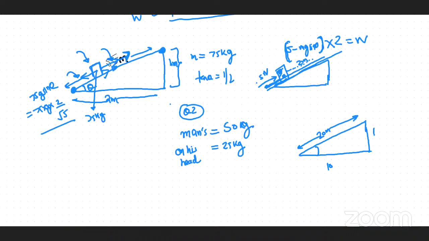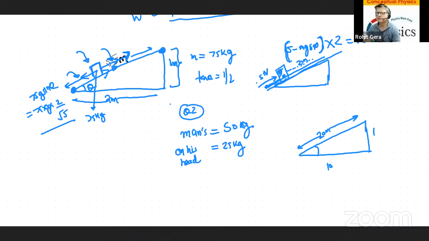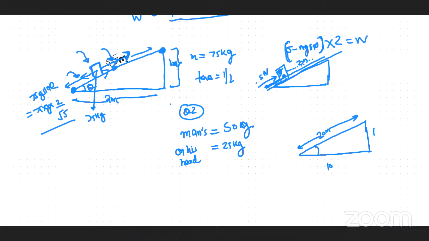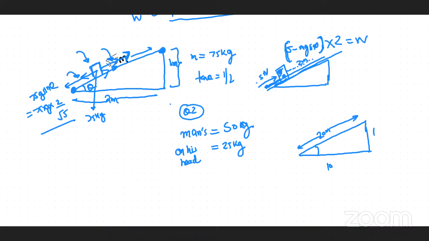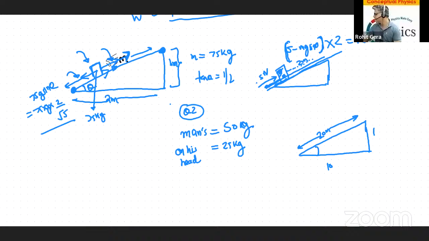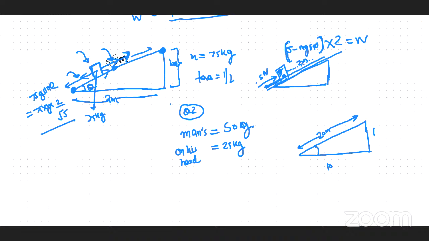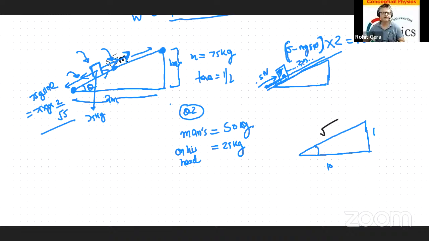If it is on the box, then it is 0. Calculate it and see what comes. Using Pythagoras, he does move 20 meters.